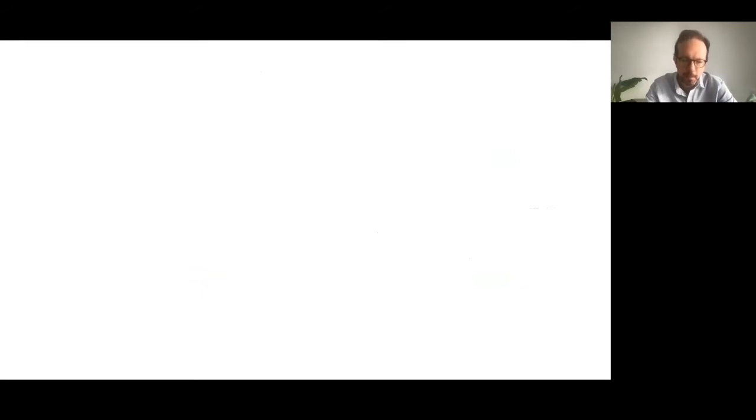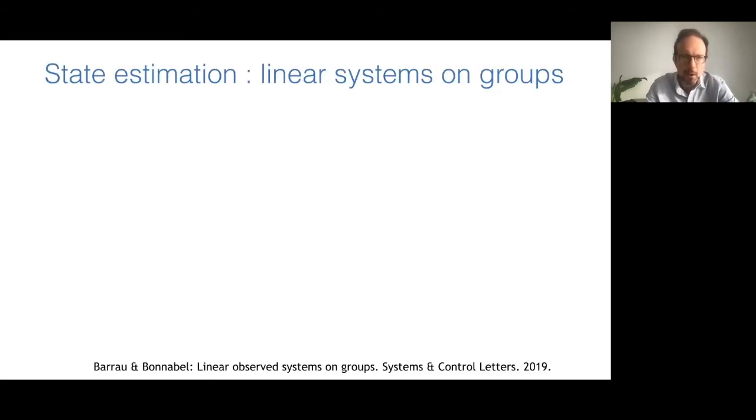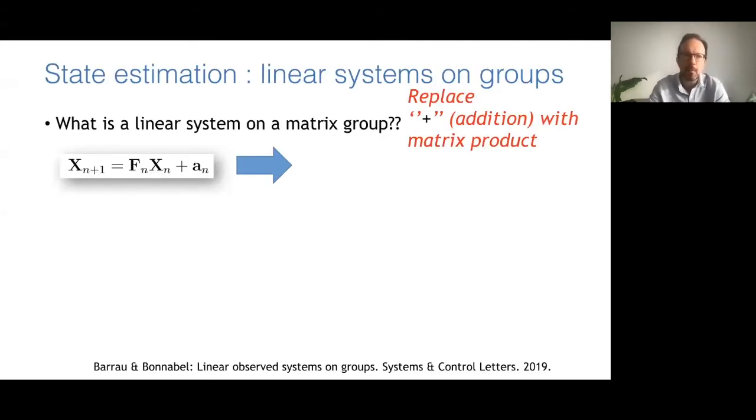So the slide that's coming is arguably the most important slide of this part of the talk about the theory. We're going to define what we call linear systems and observers on groups. And so now we could ask ourselves, what is a linear system on a matrix group?